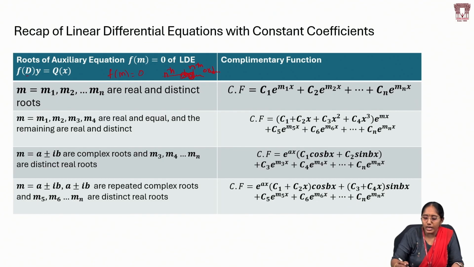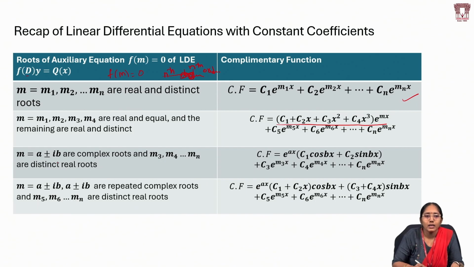In such a case, we observe the first term is c1 plus c2x plus c3x square plus c4x cube into e power mx. Here the 4 roots are equal, that's why we take 4 arbitrary constants like this, plus for the remaining distinct roots, same as the previous logic, c5 e power m5x plus c6 e power m6x and so on, cn e power mnx.